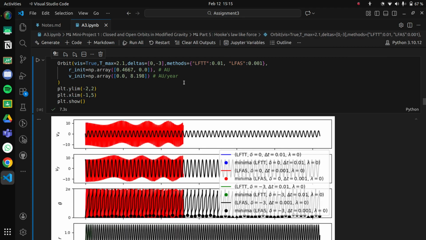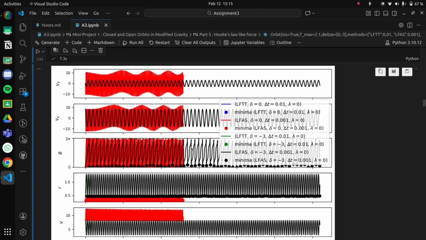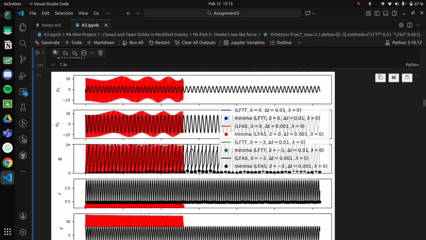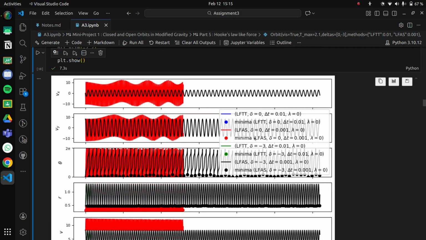Okay, something weird is happening. So which one is the AS one, right? There's a red one and it's extremely closed. Oh, that's weird.